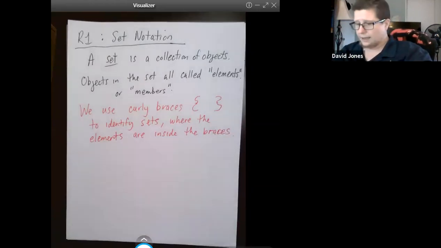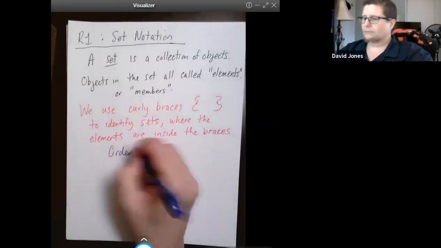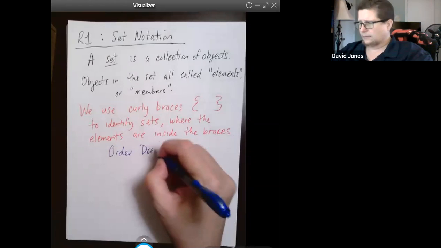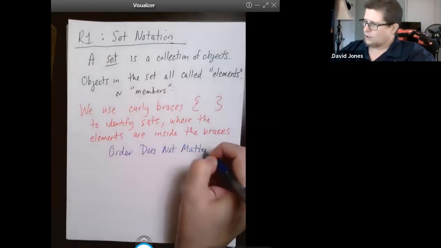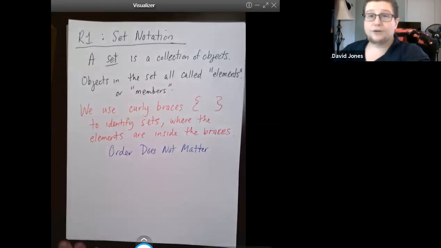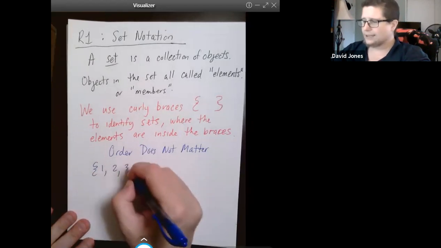Okay, it's important to note order does not matter. So if we look at the numbers 1, 2, 3, as we call that a set of numbers, we could say {1, 2, 3}, that's one set.